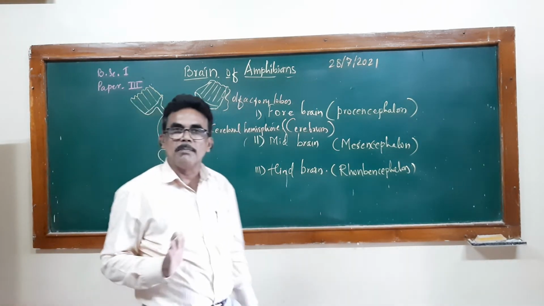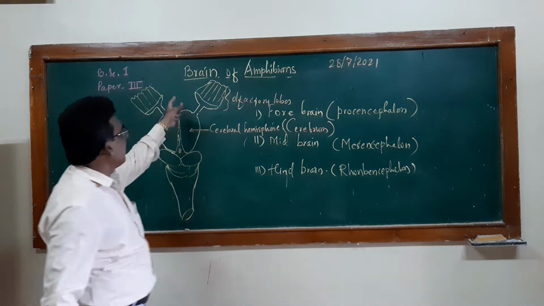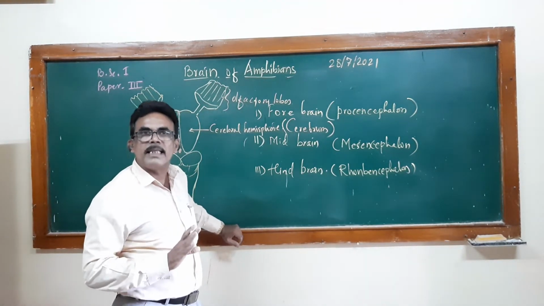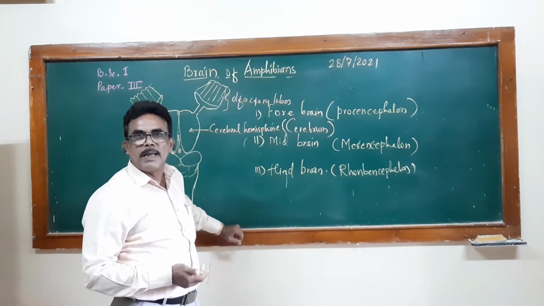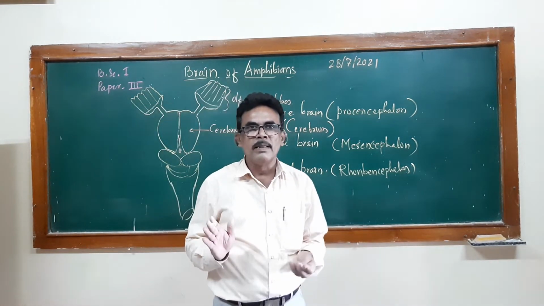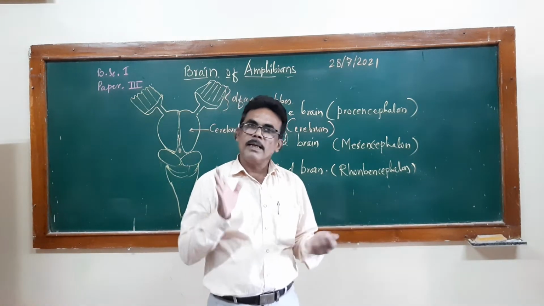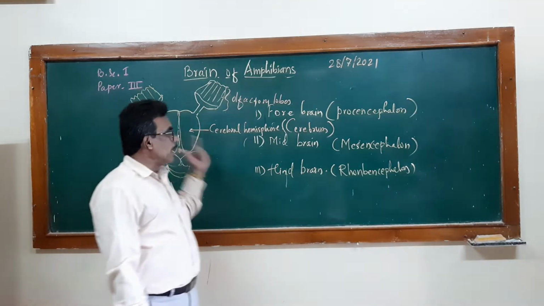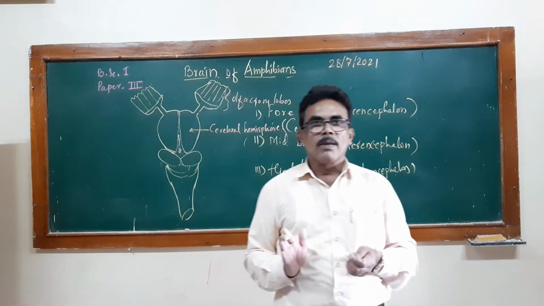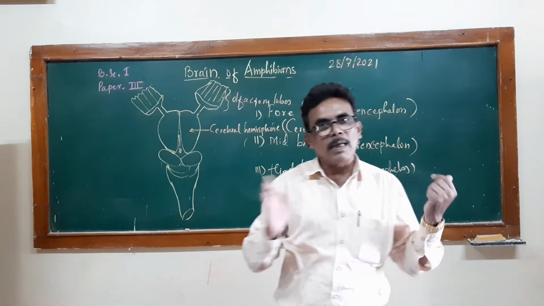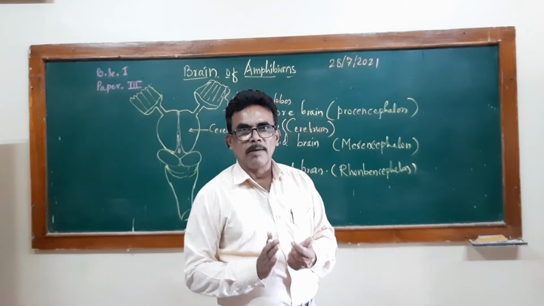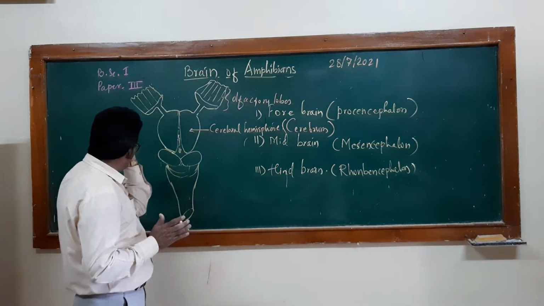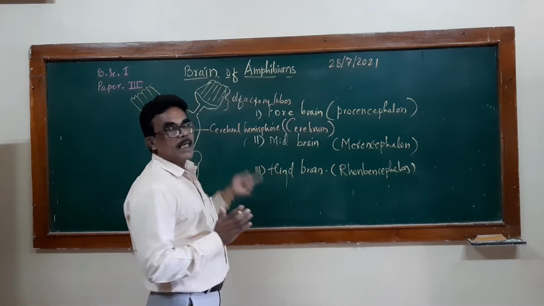You have to keep in mind that the functions in different vertebrates are the same. The function does not change in different vertebrates. You are studying comparative anatomy, and while studying it, the structure of a particular organ system changes, somewhat larger, somewhat rudimentary, but the function of the particular part remains as it is.